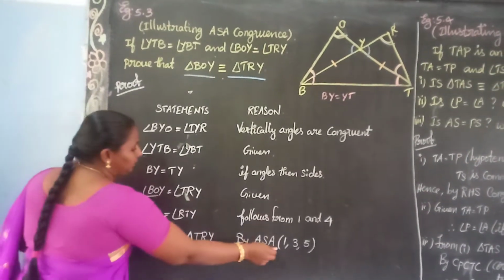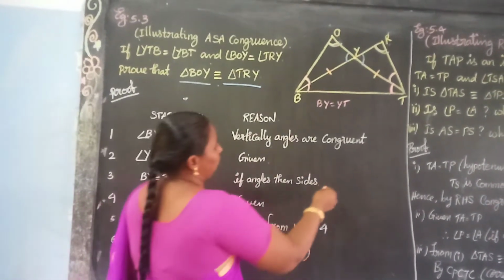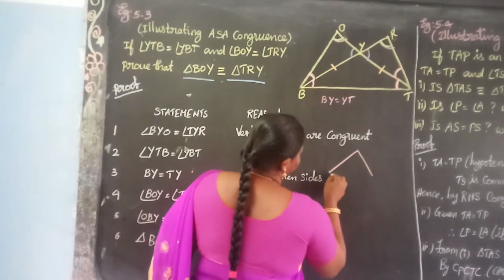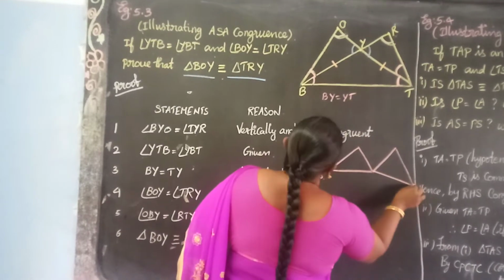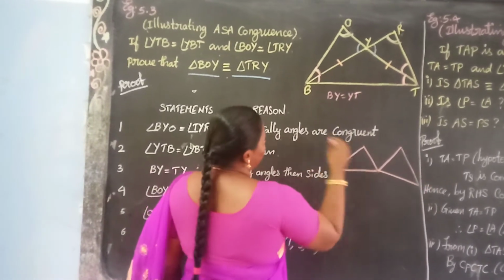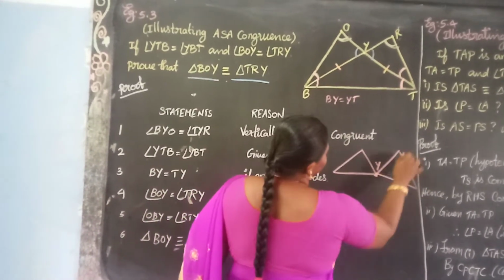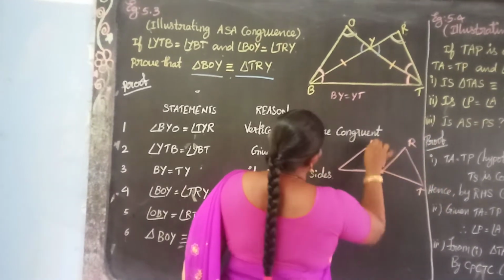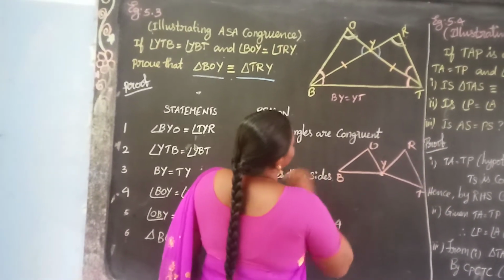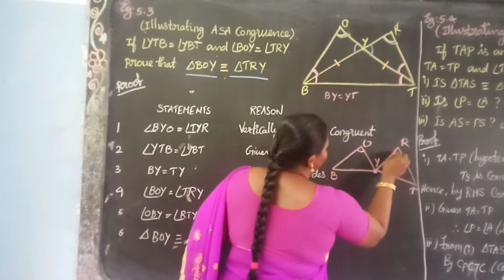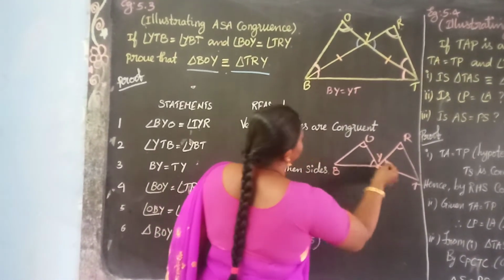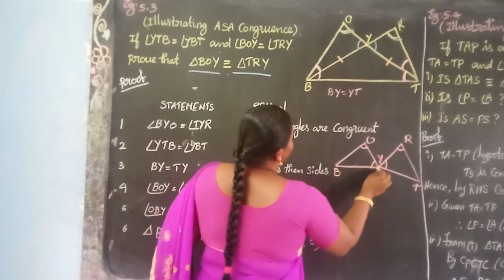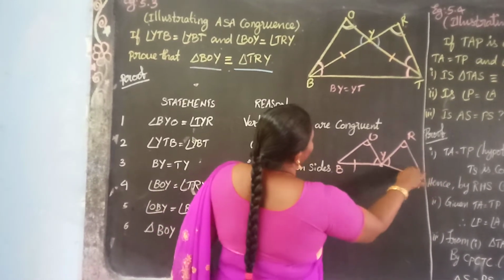Therefore, by angle-side-angle. I draw these two triangles again here. Like this you have Y, this point, R, T, O, B. We know that angle O and angle R are equal, then the angles at Y are equal, and YB is equal to YT.